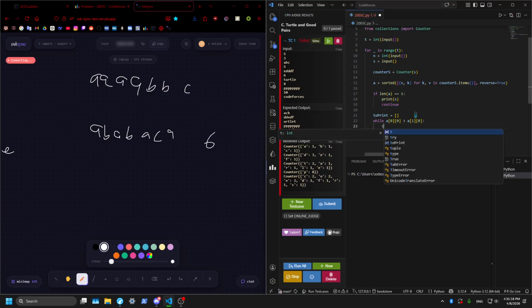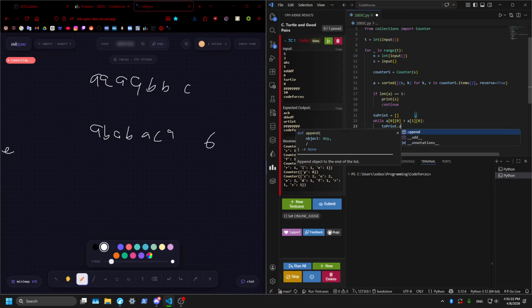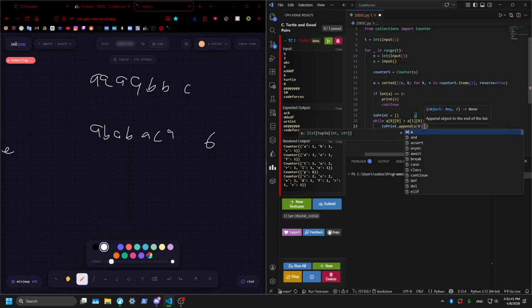We should add the character to print. We append key. It's value, key. So we should append A01 value.